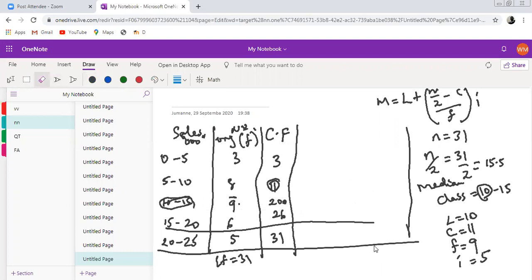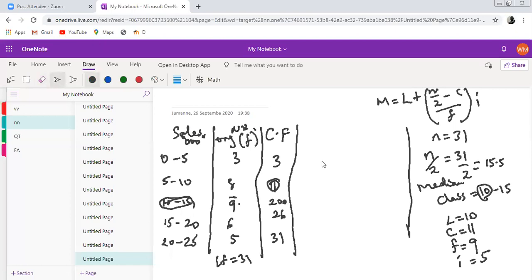Let me write this part. So our median for that case is now just a matter of substituting these values. Our L here is 10 plus, in brackets, N over 2.